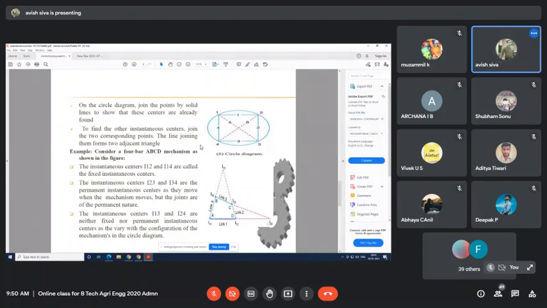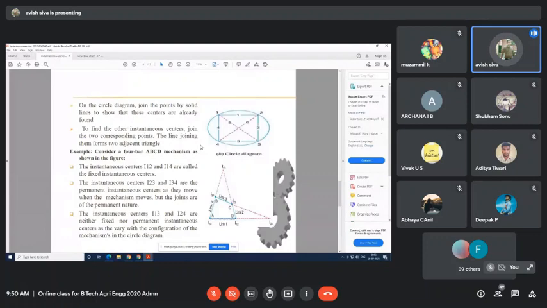It is easy to locate the first four instantaneous centers, which is clear from the diagram of the 4-bar mechanism. But the remaining two, I13 and I24, are difficult to locate, because you don't get them directly.